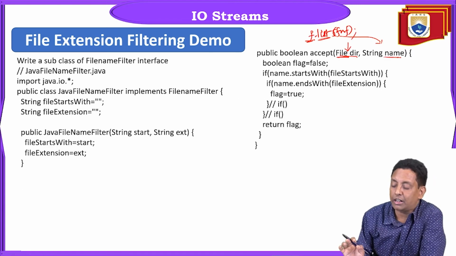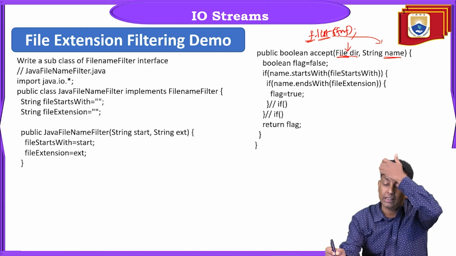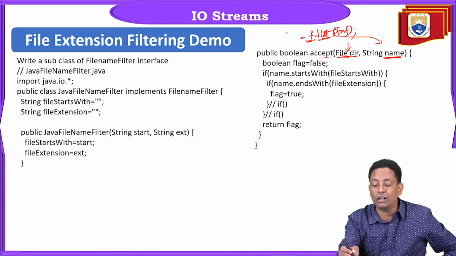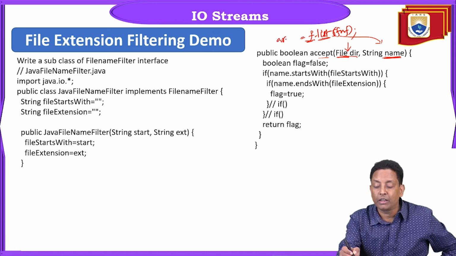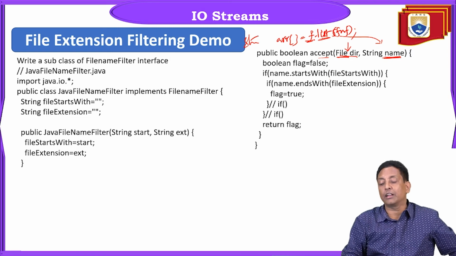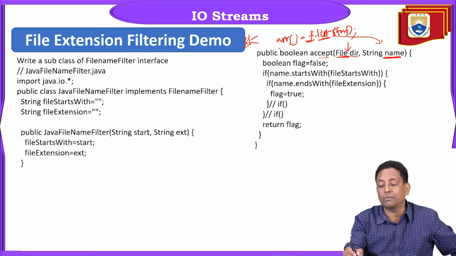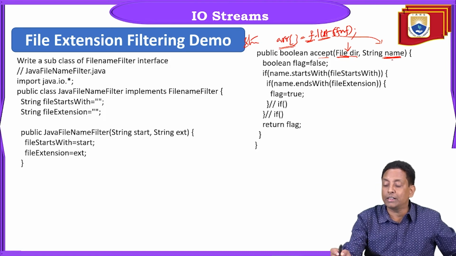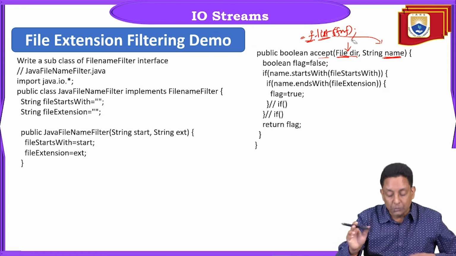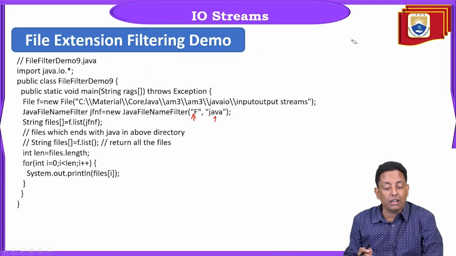We are checking and returning true. For whichever files this accept method returns true, the list method will return those files as an array, that is a string array. The f.list method returns a string array, a list of files that begin and end with these. And for whichever files the accept method returns true, they come back to the client. So the client will print all the values.